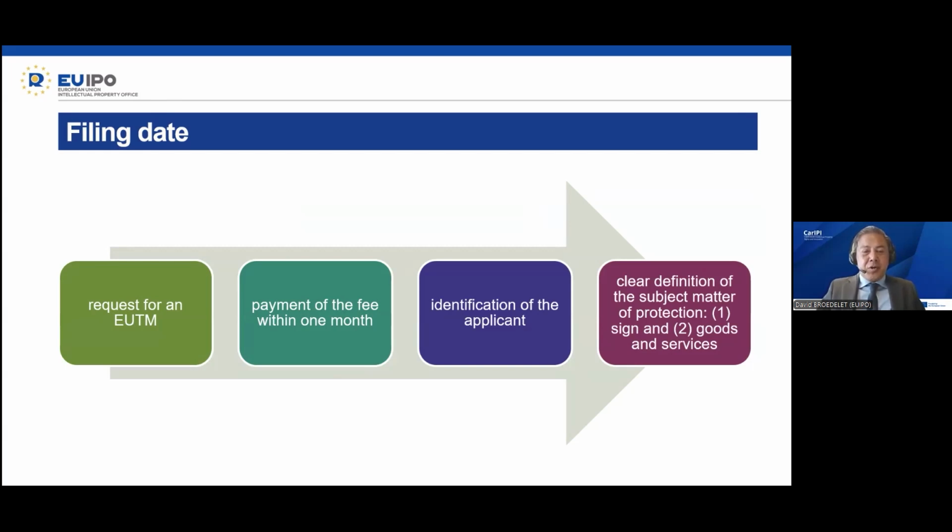We have to know who the applicant is. They have to be identified correctly. And then we also have to have a clear definition of the subject matter of the protection, right? We have to see clearly what is the trademark they want. And also we have to have clearly which are the goods and services that they want it for.